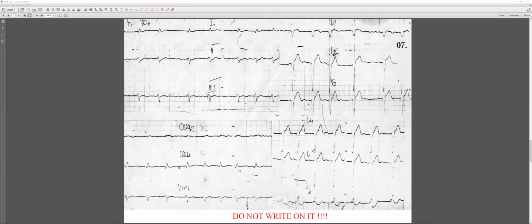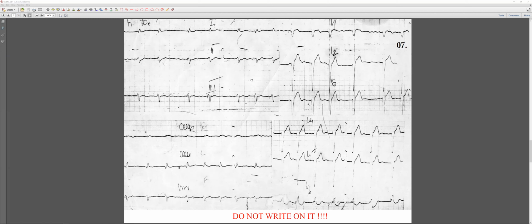And there is no P wave. Yes. So again, let's say this is arrhythmic and no P wave. Atrial fibrillation. Yes.